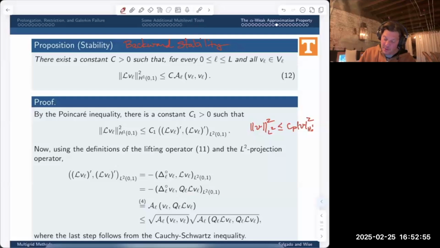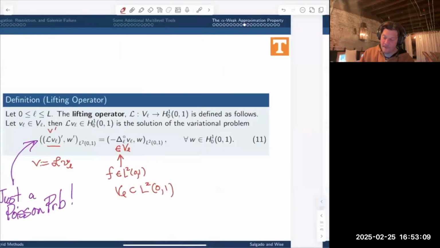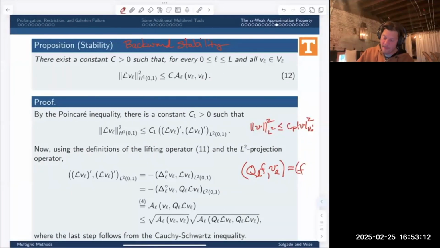Well, if I remember, QL, let's see, I'm going to just use a generic F. So that's the definition of the L2 projection of a function F, which is just an L2 function, into the space VL. Now, I can also replace this by basis functions if I wanted. I could just say it holds for all the basis functions, no problem there.